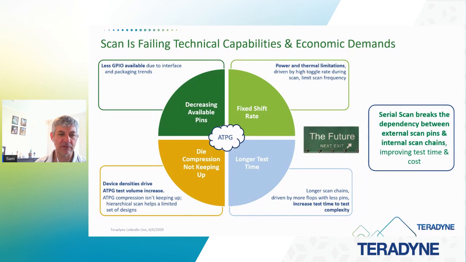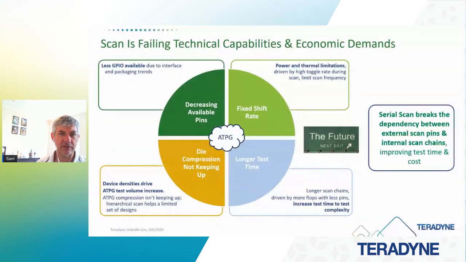So the first reason is that in modern semiconductor devices, as you move to advanced process nodes, 10 nanometer, 7 nanometer, 5 nanometer, and even up into the 12 nanometer nodes, and etc., there's less GPIO. That's a function of both the way that interfaces have shifted over time and packaging trends.